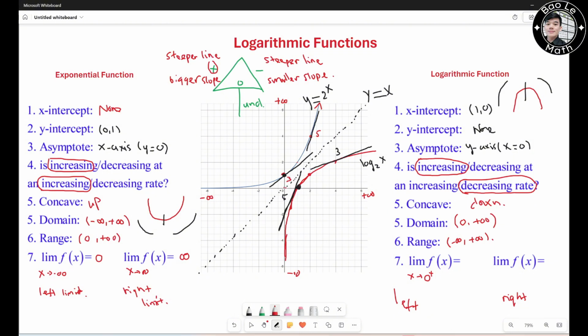When x approaches 0 plus, the function approaches negative infinity, because it keeps going down. So this is negative infinity. Now the right limit, the limit of the function f of x when x approaches positive infinity. The function approaches positive infinity because it keeps going up. So this is positive infinity.